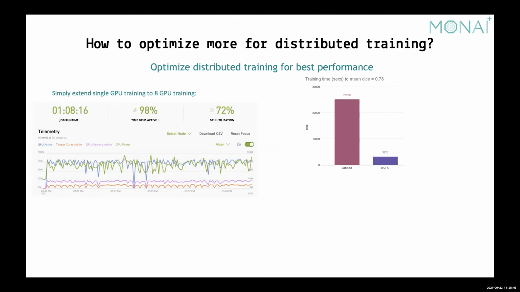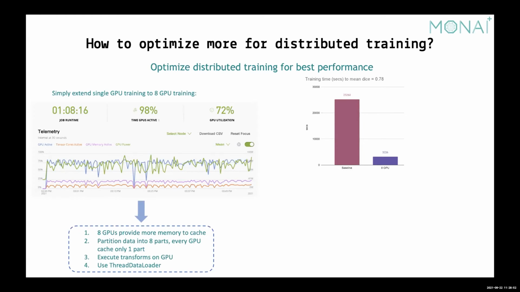So we partition the dataset into 8 parts. Every GPU only needs to cache 1 part. Then, same as the spleen example, we execute GPU transforms and use the thread data loader. Now, every GPU needs to cache about 15 GB of the dataset, and we run the transforms on GPU directly.